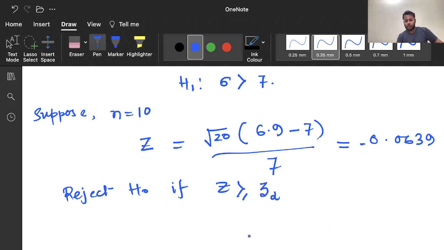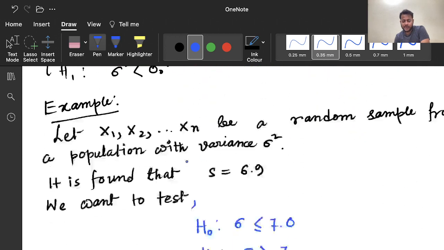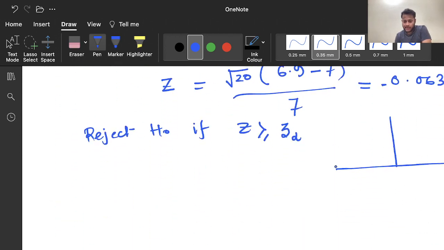You see for all values of alpha, since (S minus sigma) by sigma has a normal 0, 1 distribution, for any significance level alpha, this value is less than that region.